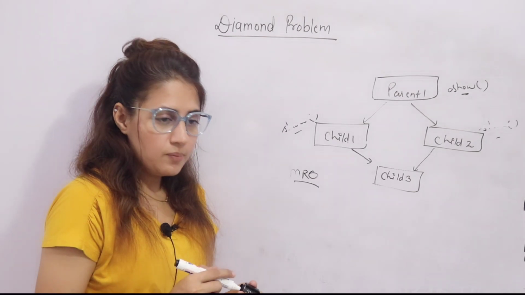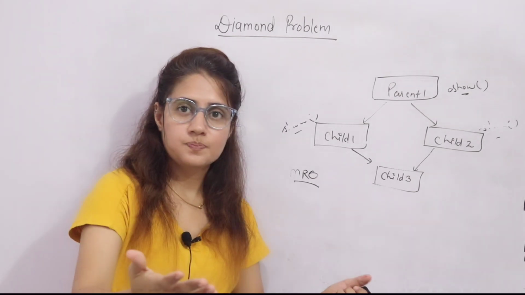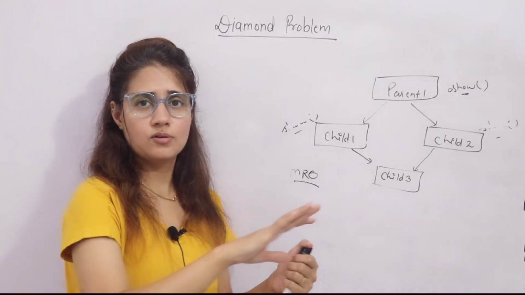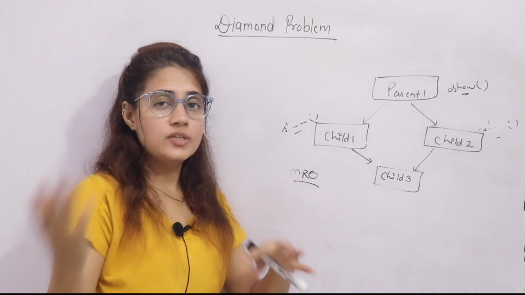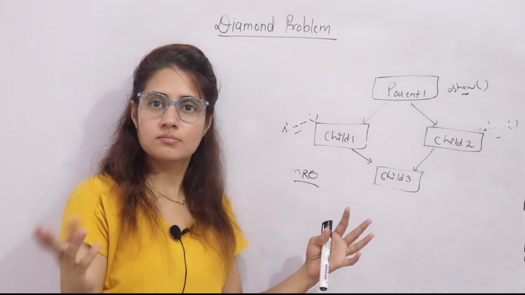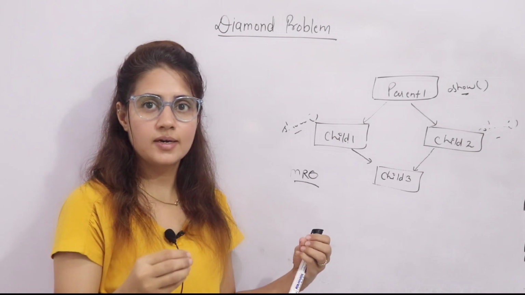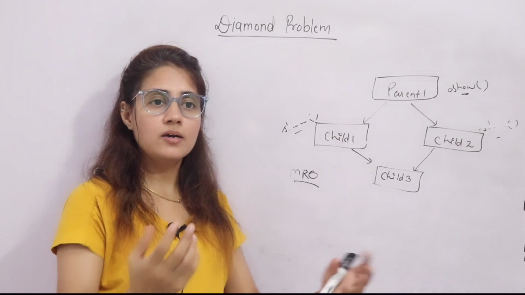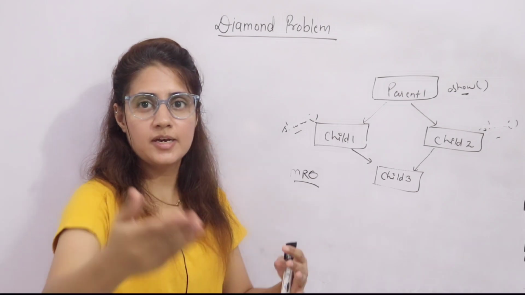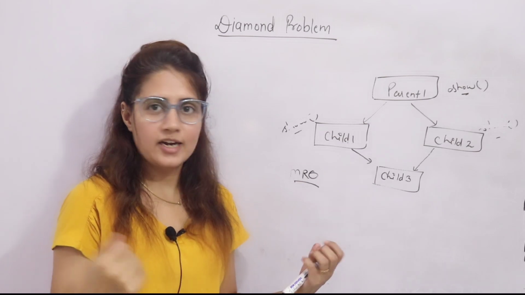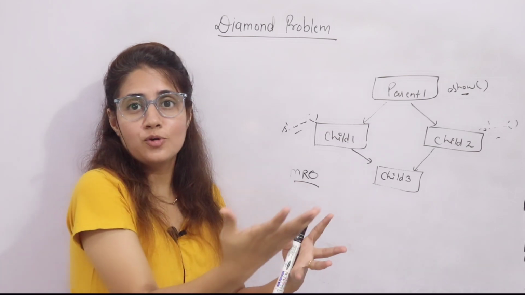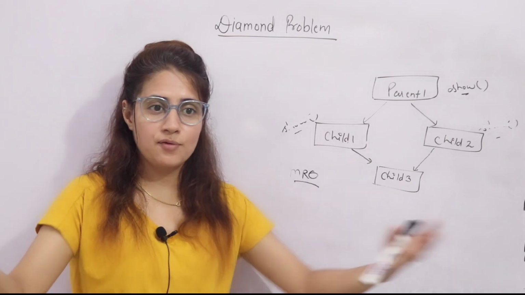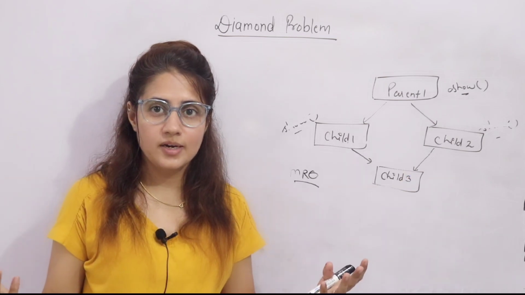Let's suppose in my class I give an assignment, right, and I ask all the students to submit that assignment tomorrow. So on the next day everyone is ready with their assignment, right? And if everyone comes to me, saying, ma'am, my assignment, then it would be very hectic for me. From whom am I going to accept the assignment first, because everyone is present here, right?